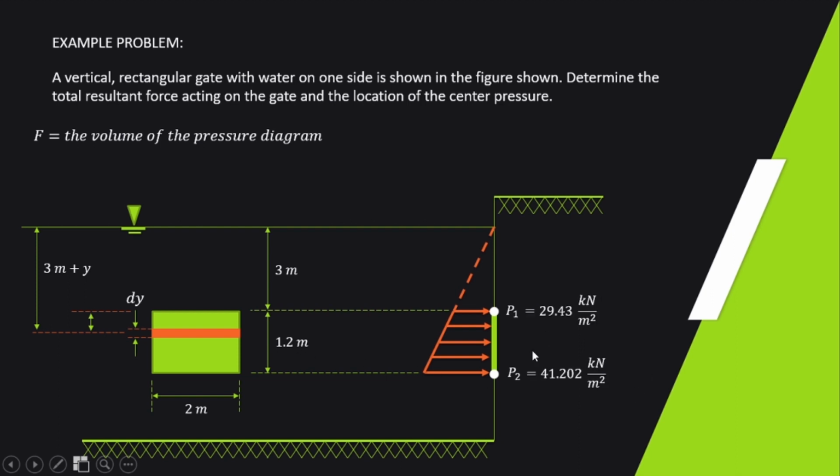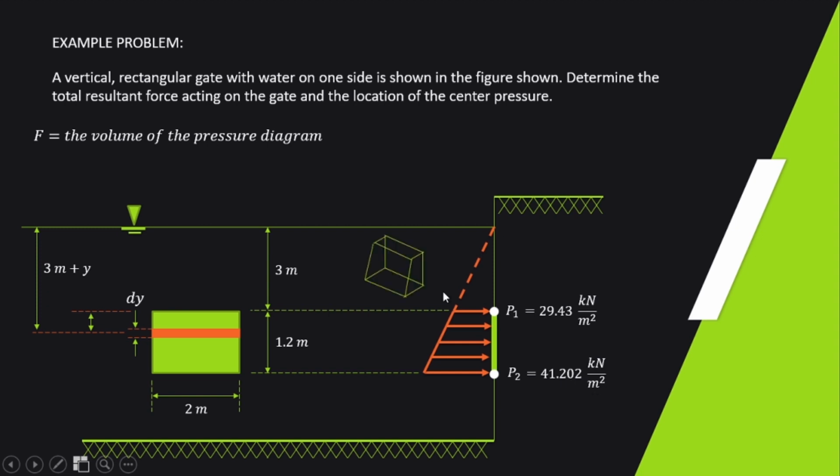So the values for P1 and P2 are 29.43, in kilonewton per square meter since it should be in pascal or kilopascal, and 41.202 for P2 in kilonewton per square meter or kilopascal.